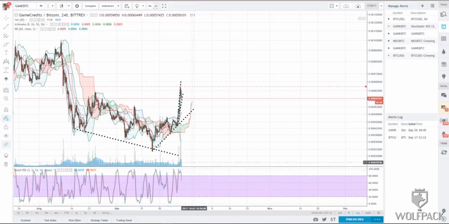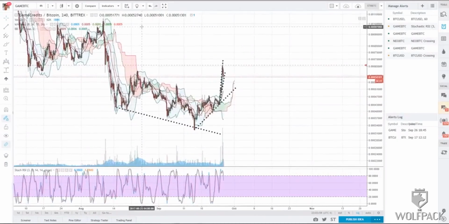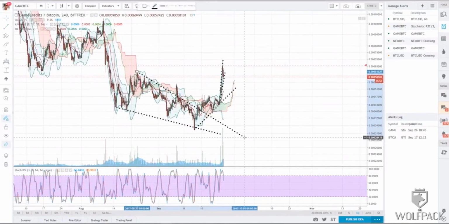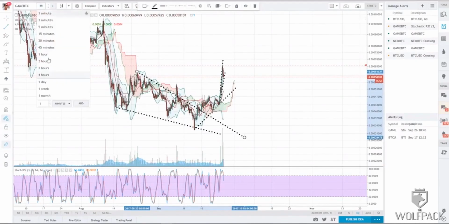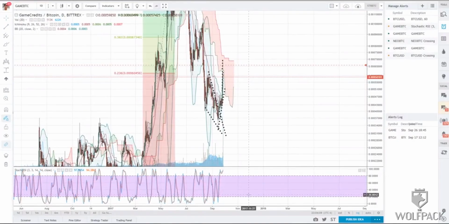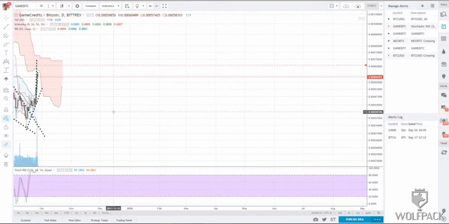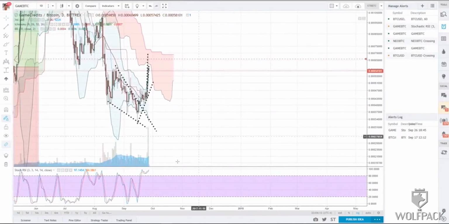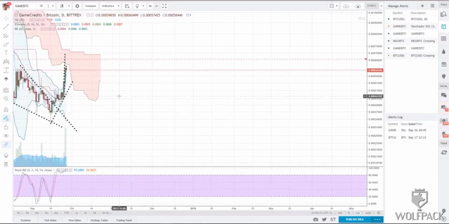Was that? No, it wasn't that. It should have matched right there. I think it's in the 1 day then, because that spike is irregular. I guess I was right the first time. It was in the 1 day.